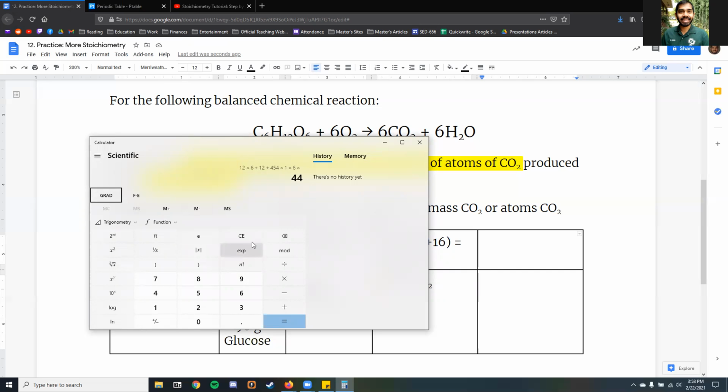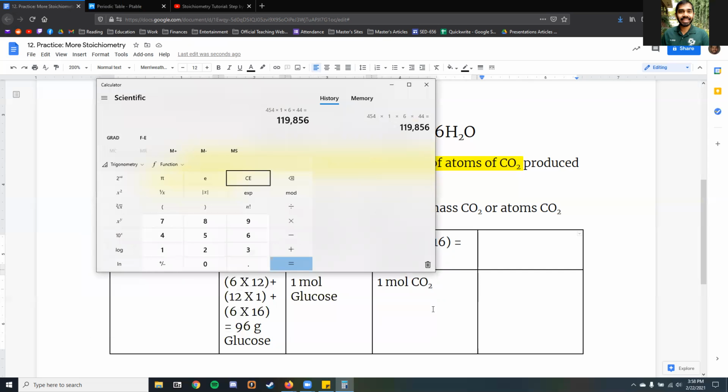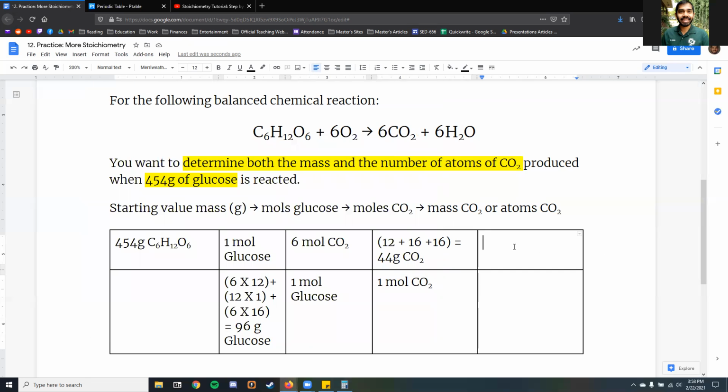Let's go ahead and clear everything and try that again. 454 times 1 times 6 times 44. 119,856. Okay. We take that number and we divide it by everything on the bottom, which is really just 96. 1,248. So 1,248 grams CO2.